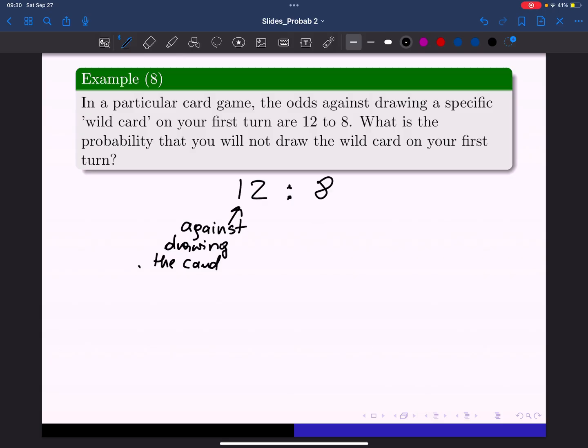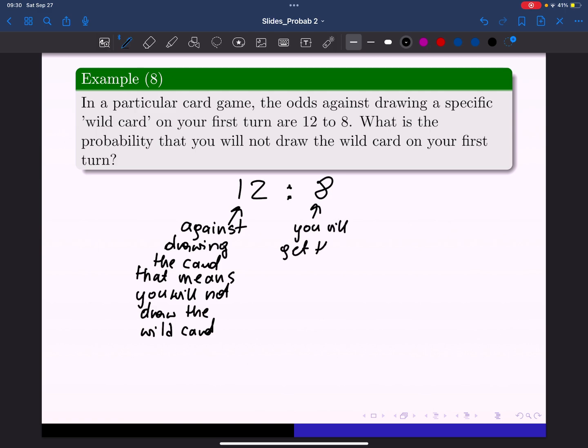Because that's against, that means you will not draw the wild card. So that means 8 chances that you will get the card.